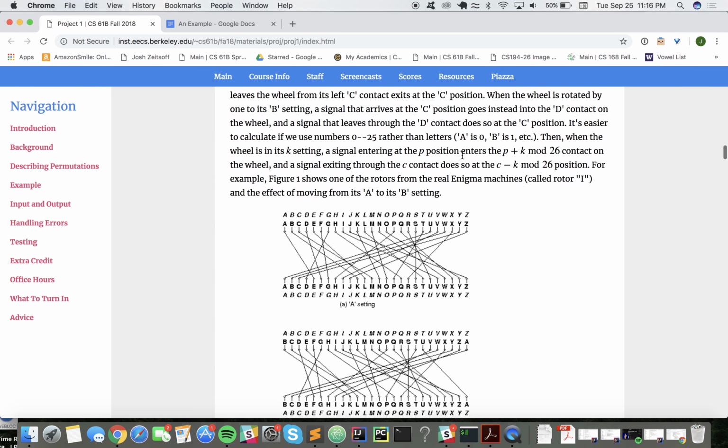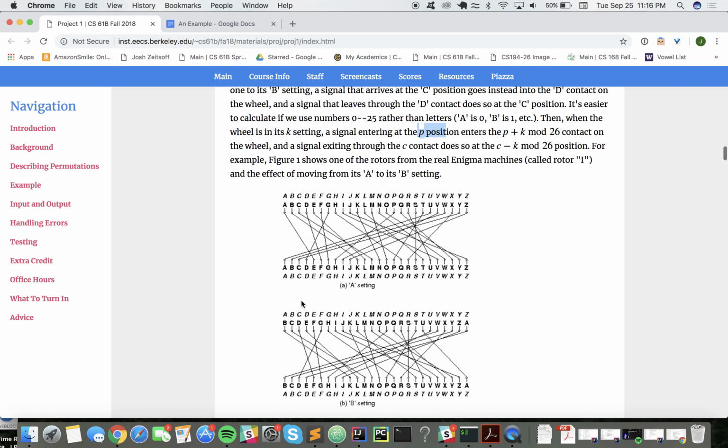So if we move everything to numbers, A is 0, so we're starting from 0, we can say when the wheel is in setting K, and a signal enters at position P, so let's say we're in setting 1, the B setting, and we enter position P, let's say A, the position enters the P plus K mod 26 contact on the wheel. So what is P here?